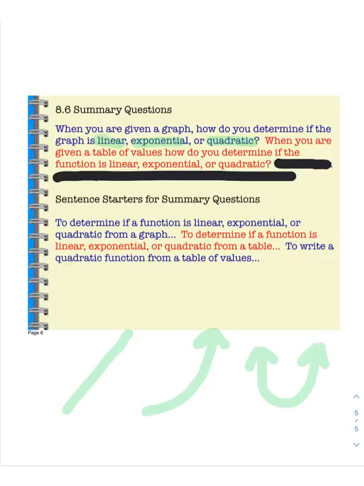When you're given a table of values, you can determine if it's linear, exponential, or quadratic by looking at how the y value changes between each x value in that function. Linear is going to have a constant rate of change. It's going to add or subtract to get to the next term. Exponential is going to multiply or divide to get to the next term. And quadratic has a constant rate of change between the second differences, which means the second differences are going to add or subtract.